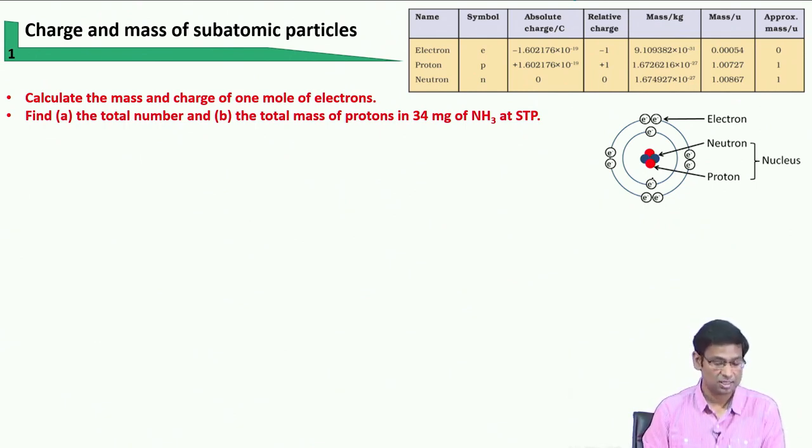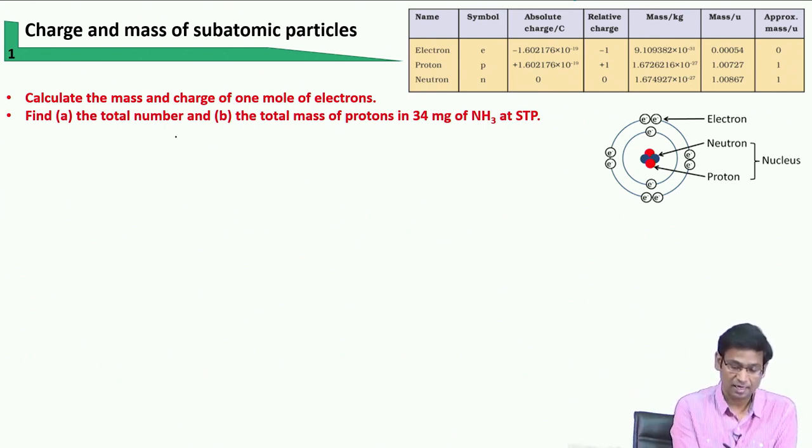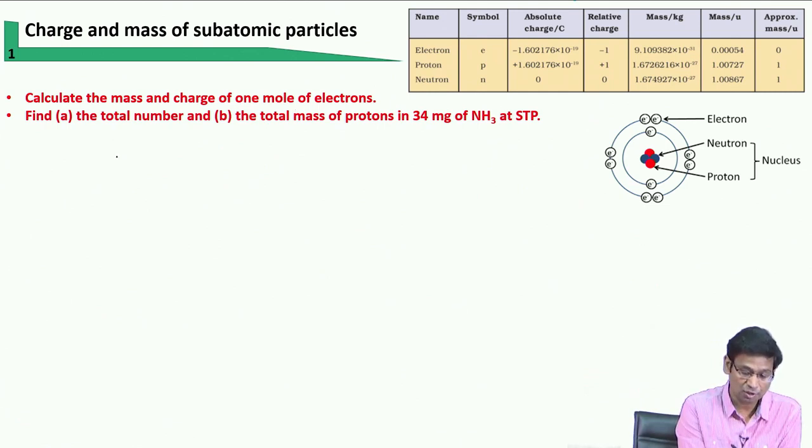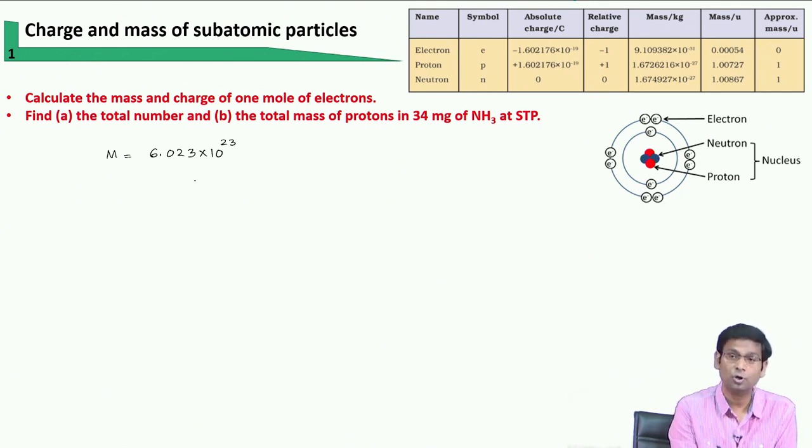The first question asks, calculate the mass and charge of 1 mole of electrons. So, we know that the mass of 1 electron is 9.11 into 10 to the power minus 31 kg, and this asks for 1 mole of electrons. So, the total mass of 1 mole of electrons equals 6.023 into 10 to the power 23, because in 1 mole of electrons you have this many electrons, and each electron has the mass of 9.11 into 10 to the power minus 31 kilogram.